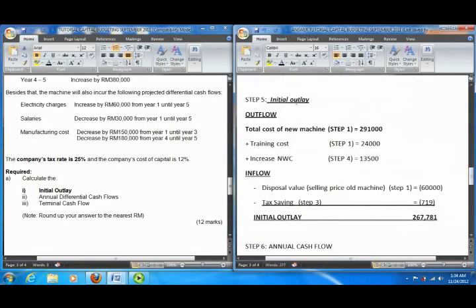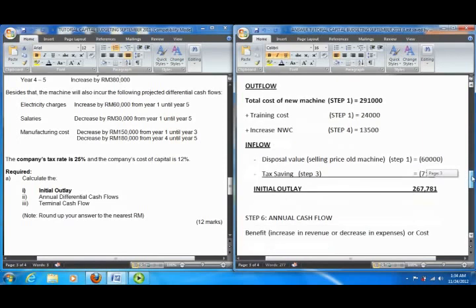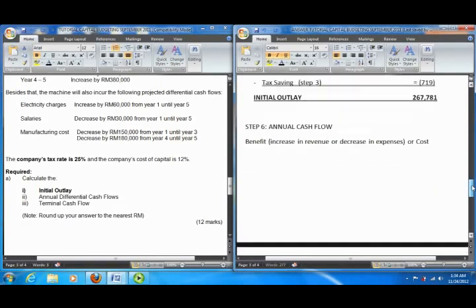Alright, class, don't forget, step 5 is to calculate your initial outlay for the new and old machine. Now you need to calculate your annual cash flow from the new machine. Okay, benefit is when you buy this new machine, is it an increase or decrease, right? I told you just now. So benefit is considered as an increase in revenue or sales or a decrease in expenses. Now class, cost.